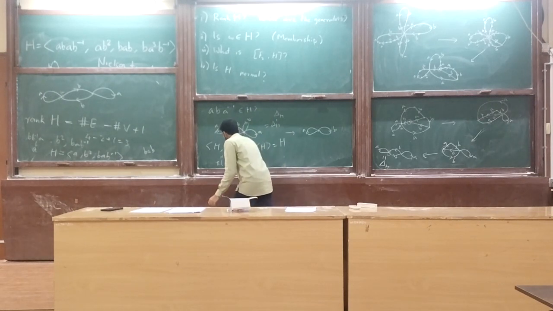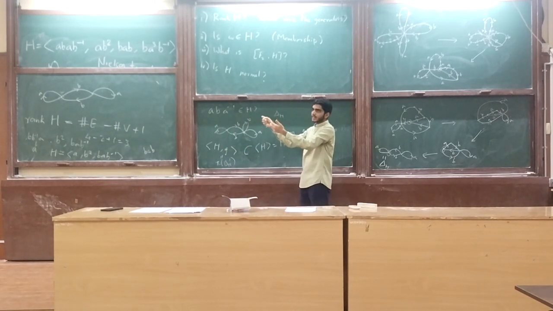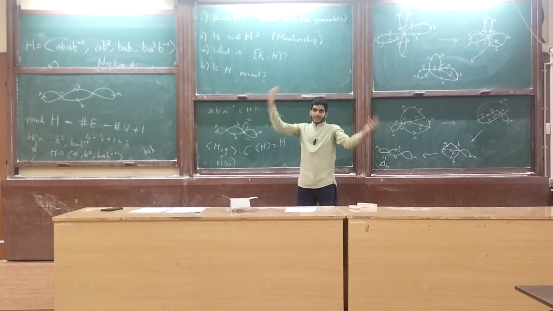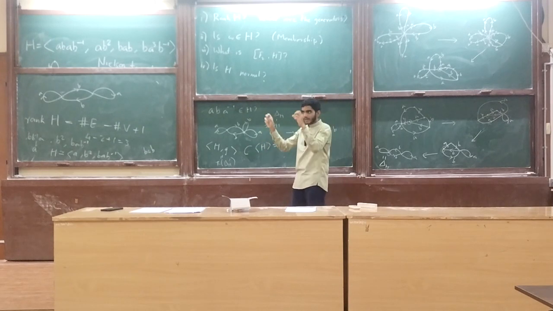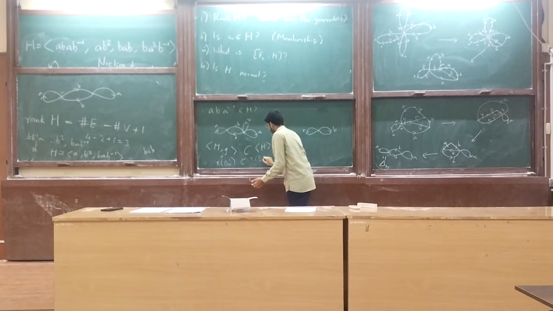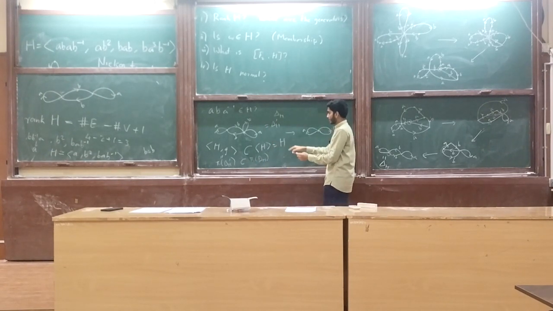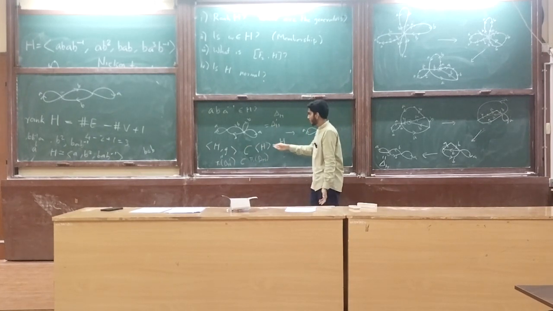Everything that can be made in delta H dash should also be possible to make in delta H, if this loop after folding gets devoured by the graph. So this fundamental group sits inside the fundamental group of delta H. And if that happens, then the subgroup generated by H and G sits inside H itself, so G is inside H.